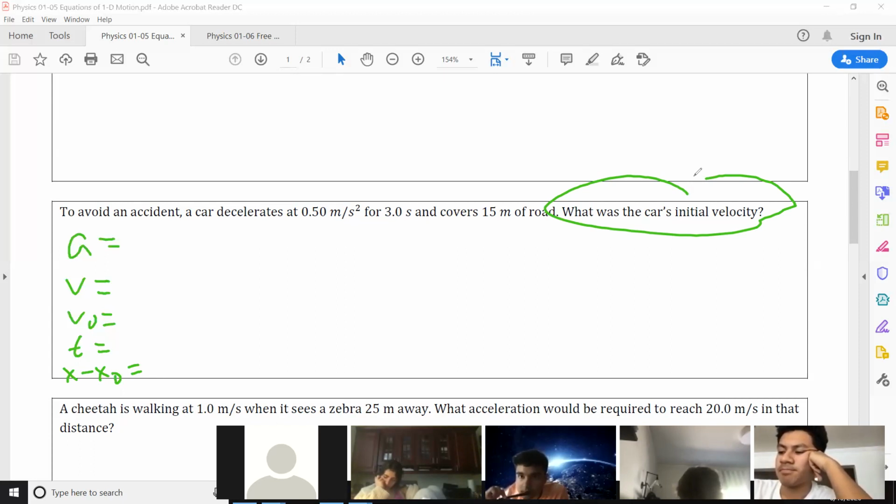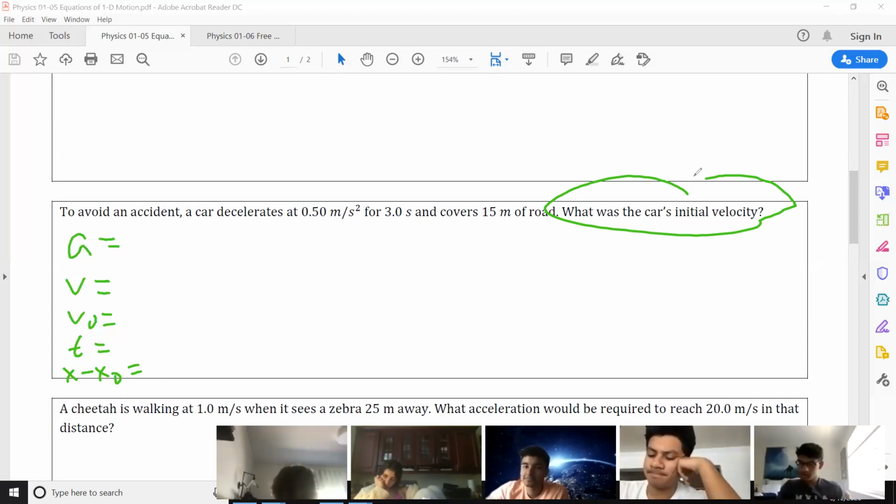It wants deceleration. No. Time. Read the question first. To avoid an accident, a car decelerates from 0.5 meter per second squared for 3 seconds and covers 15 meters of road. What's the car's initial velocity? So we want initial velocity.